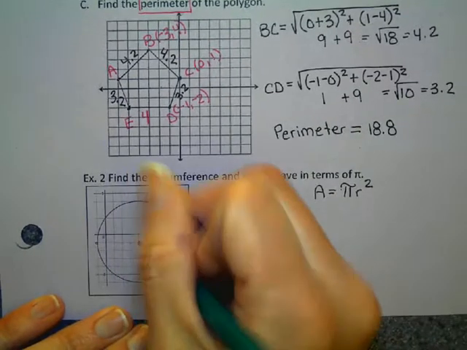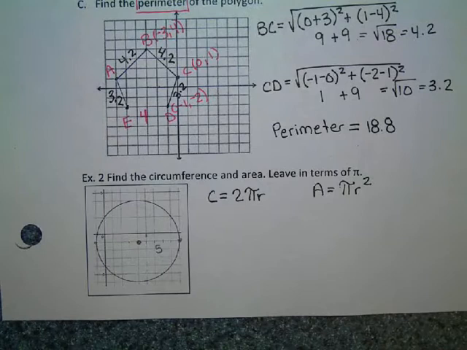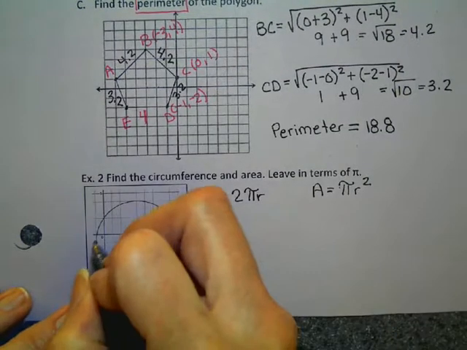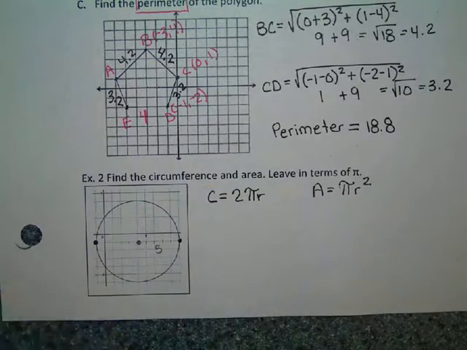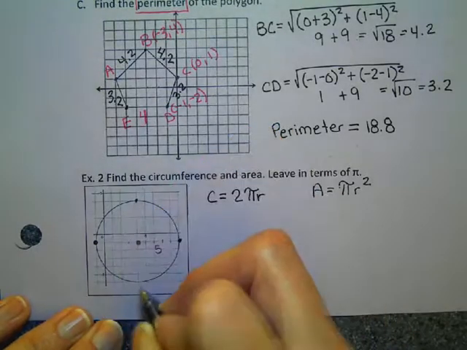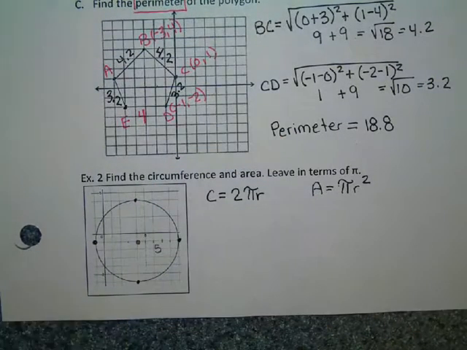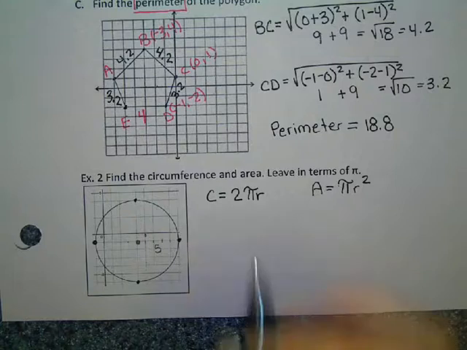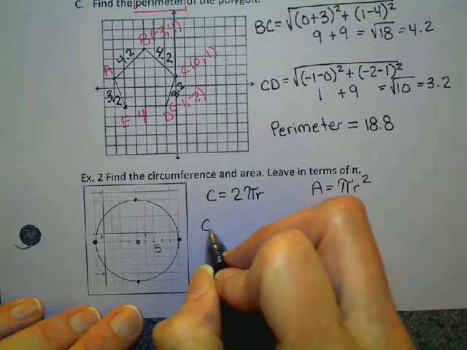So 2, 3, 4, 5. This should be its center. Yeah, it has a radius of 5, we'll say. So I figure out where it hits 2 points, or you could do vertically, 2 points and count the distance.